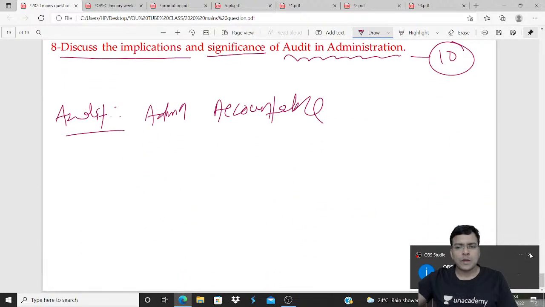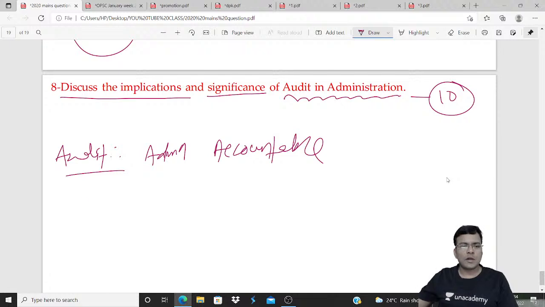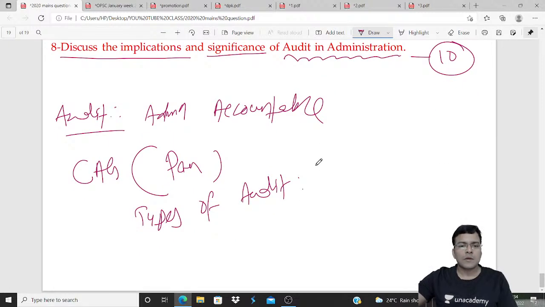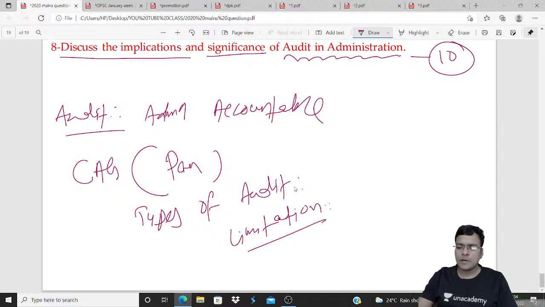So audit is to make administration accountable. You have to write in detail the role of CAG. CAG works for parliament, different types of audit, CAG types of audit, and yes, limitation. We have discussed many times that in India, CAG is only an auditor, not a controller.